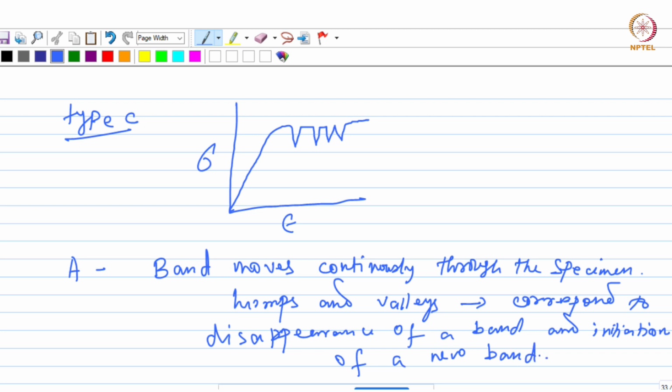Right? So you have one band disappearing and another new band initiating, right? So that is why you have these humps and valleys coming into the stress strain curve. Okay, so that is how the serrations are for type A, in which the band moves continuously through the specimen.